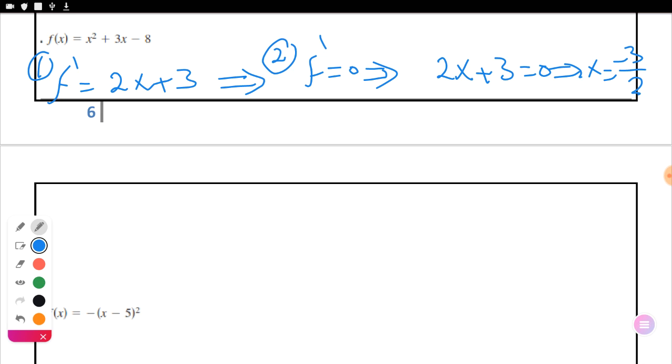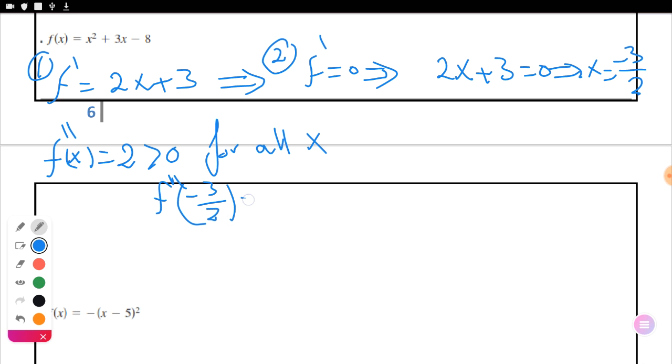Now, what's the third step? Find the second derivative. It will be 2, greater than 0 for all x. So the second derivative at this critical number, negative 3 over 2, is 2, positive, which means concave upward.